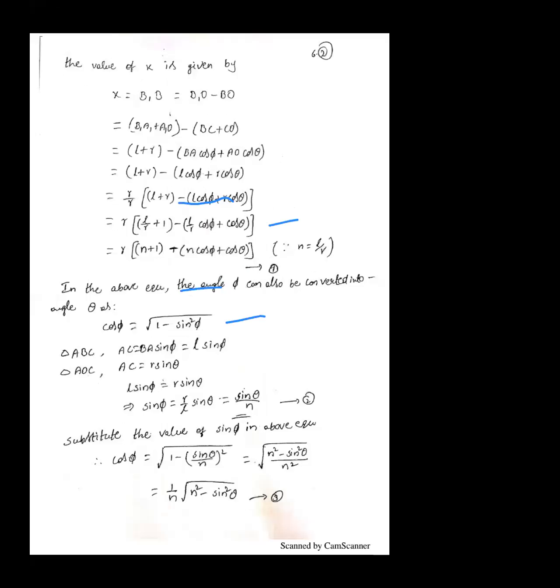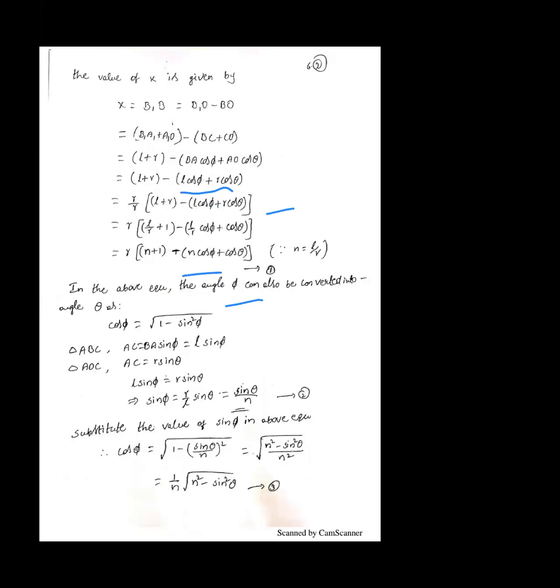So at that time, what do we do here? Just all of you observe that. They may find the relation between phi and theta. So cos phi equals the square root of 1 minus sin square phi.